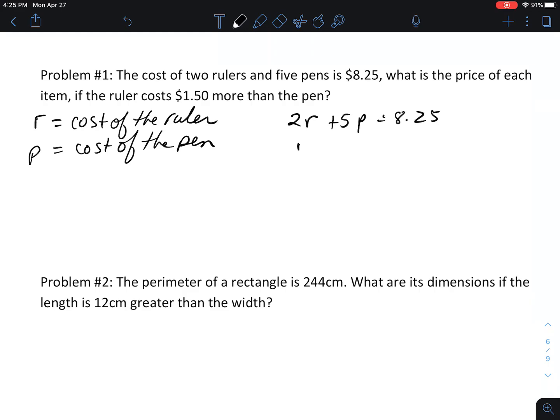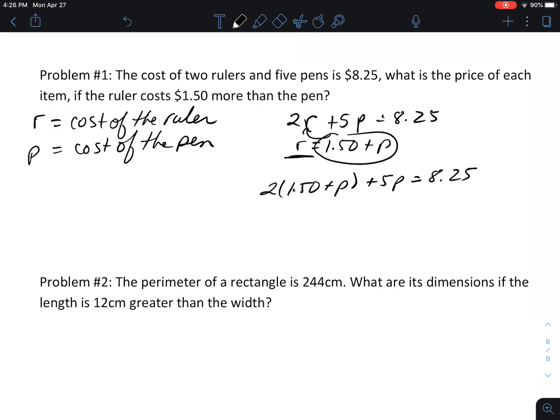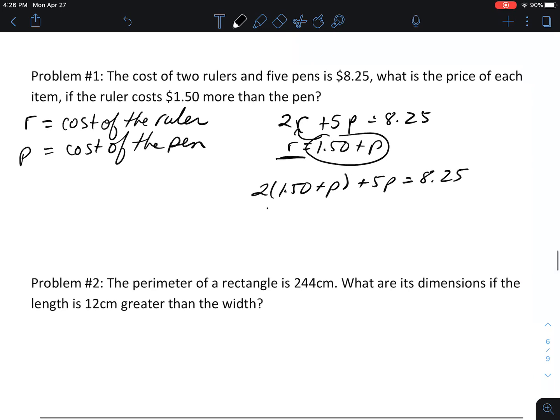The cost of 2 rulers and 5 pens is $8.25. And the ruler is $1.50 more than the pen. You can see the way that these equations are set up, I've already isolated this R, so I might as well put this into here and use substitution again.